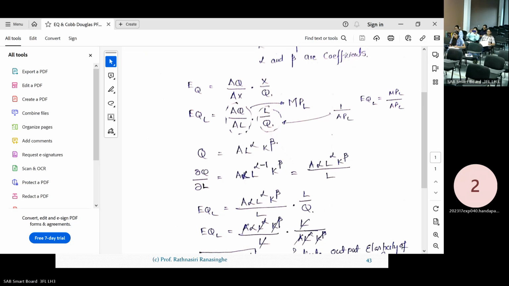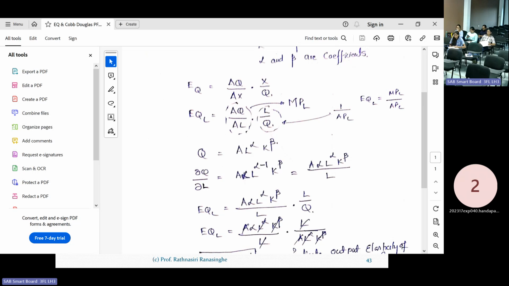Now if we substitute this equation into the output elasticity function, our output elasticity function is partial Q over partial L into L over Q. So partial Q over partial L means A alpha L to the power alpha K beta divided by L, into L over Q. Substituting that into this function, the output elasticity, you can simplify it.